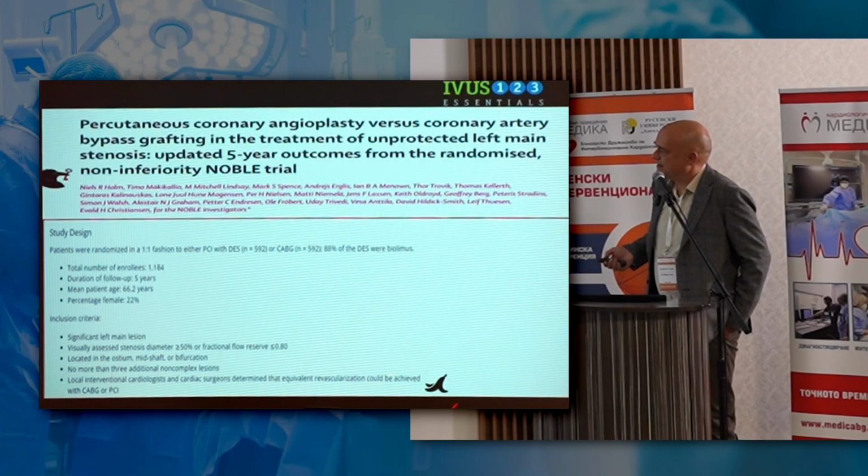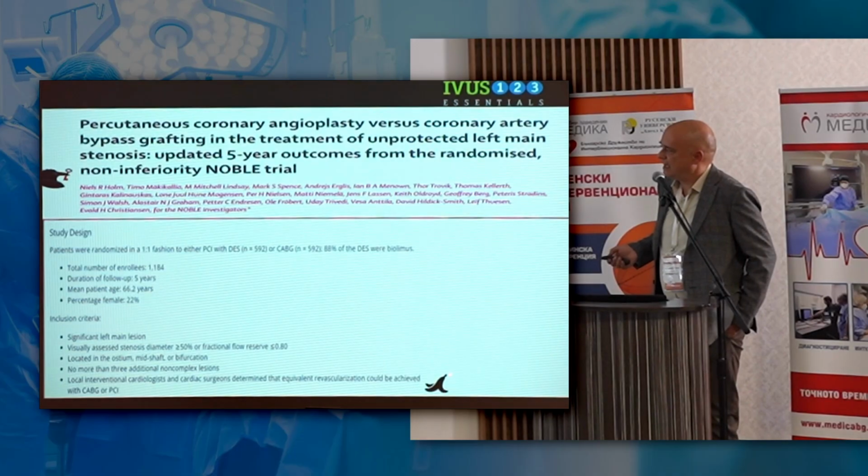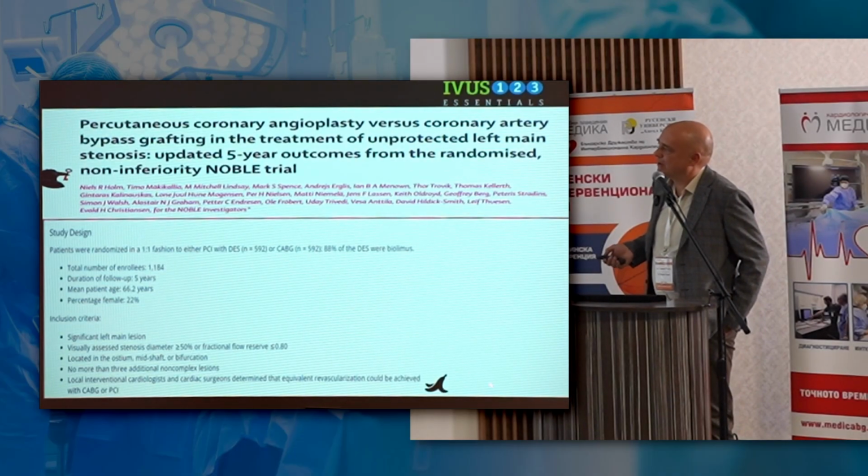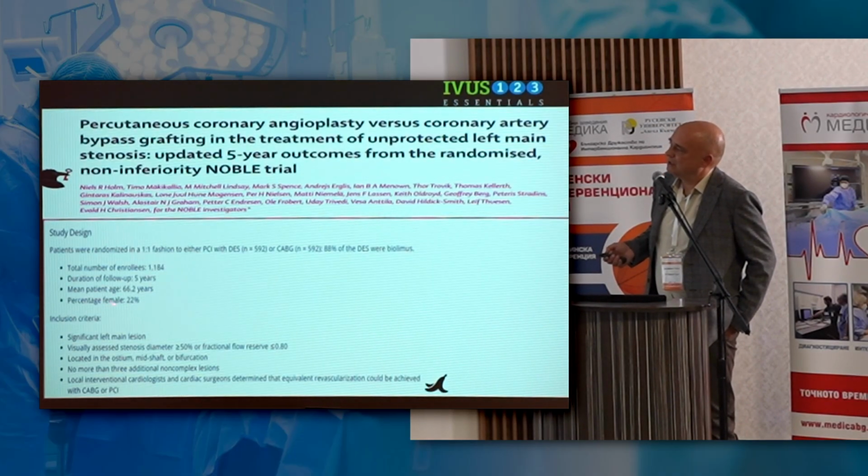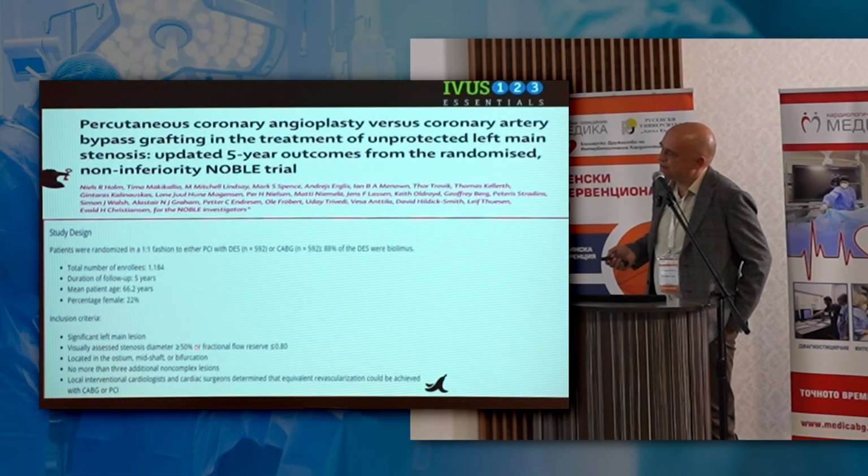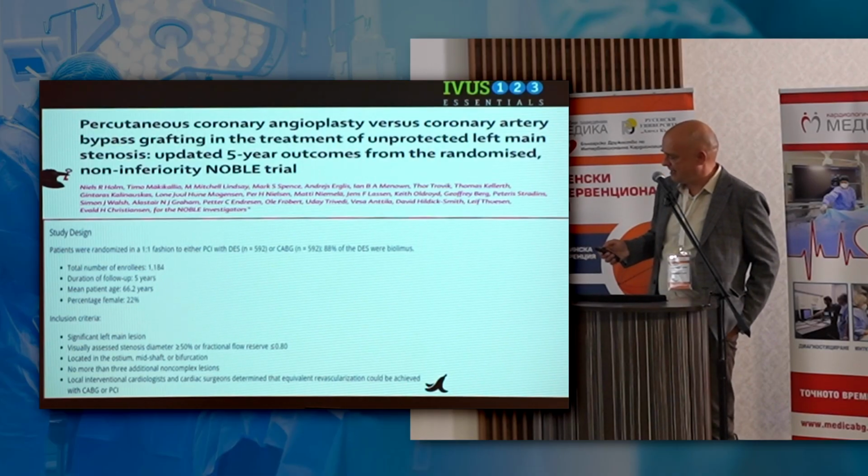So here is a banana skin, and watch carefully. For inclusion criteria, a significant left main lesion, also well known here, and when they enrolled the patient, the local interventional cardiologist and cardiac surgeon determined that equivalent revascularization could be achieved with CABG or PCI.